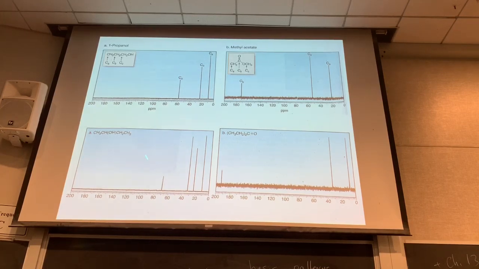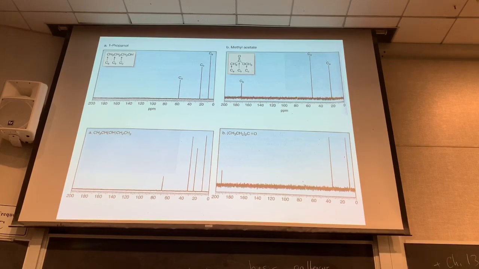What do we have here? We have the secondary alcohol, which has 1, 2, 3, 4 carbons in it. And there they are, 1, 2, 3, 4. So pretty straightforward. I like this example. So this ketone here has 2 ethyl groups on it. So symmetry-wise, there's a plane of symmetry right through the carbonyl. So the 2 ethyls are equivalent.